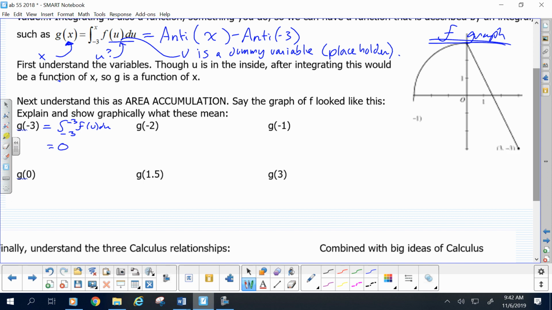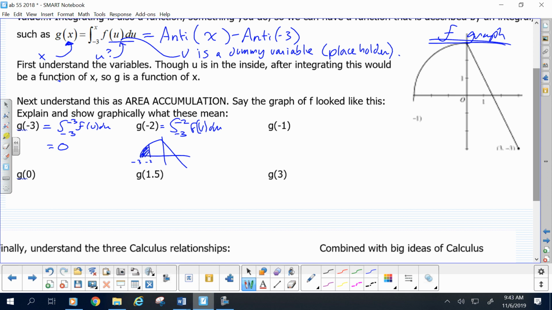That's kind of boring, but g of -2. G of -2 would be the area accumulated from -3 up to -2 going in for x under the F curve. I wish I would have made a lot of little graphs, but if you were to show this, the area accumulated from -3 to -2 would be that part of the graph.